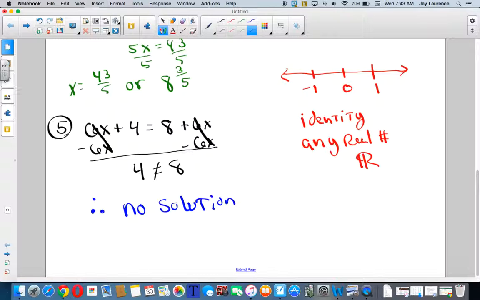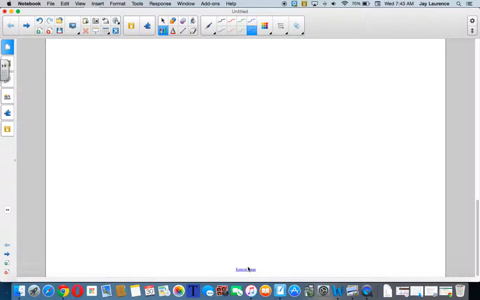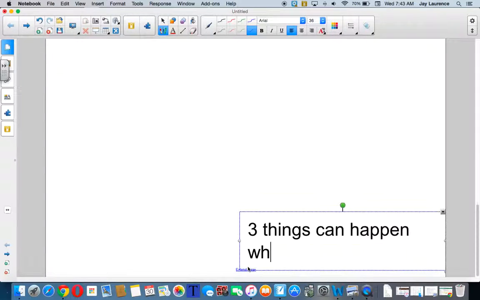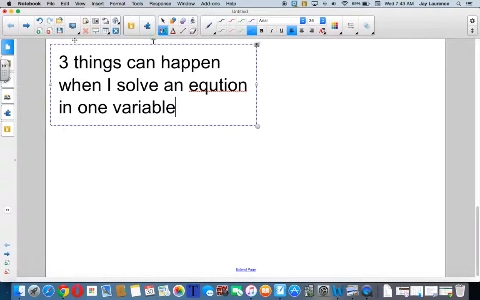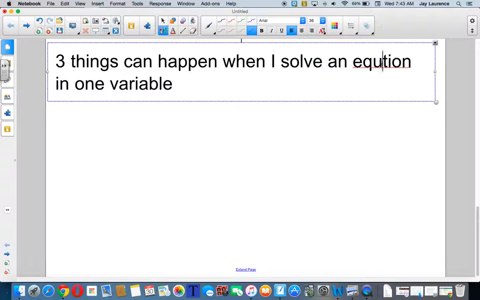On the previous problem, every single number that works, any number I would have put in for x, would have yielded a true response. Now, let's just refresh our memories that there are 3 things that can happen when I solve an equation in one variable. The first one is so obvious that kids can't often tell me what it is.